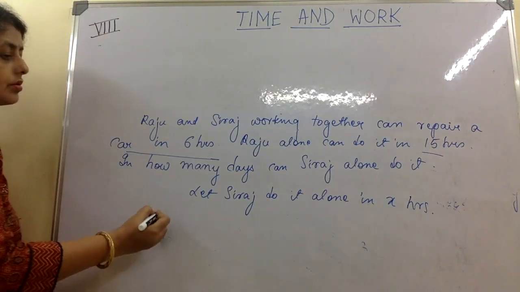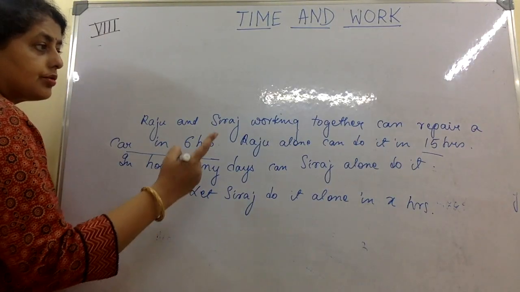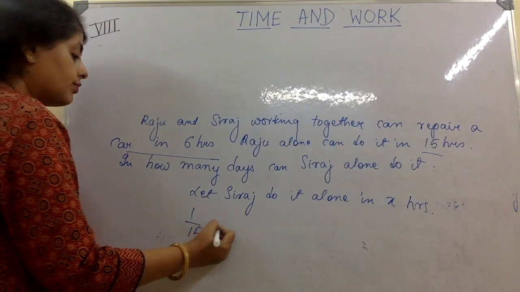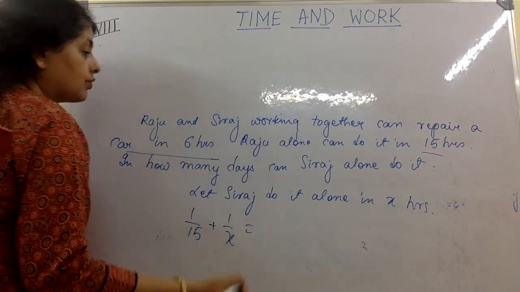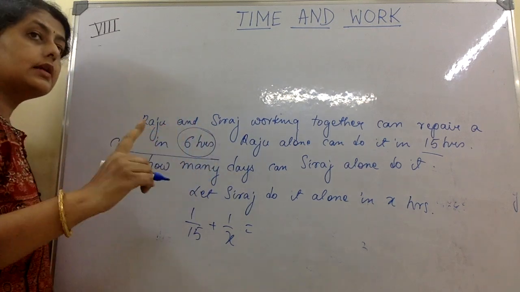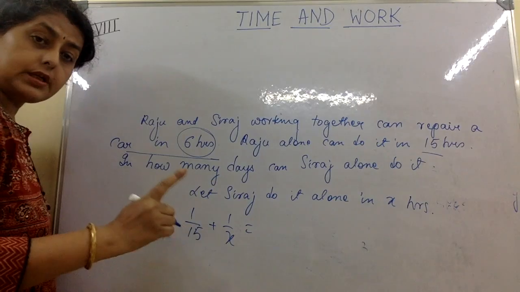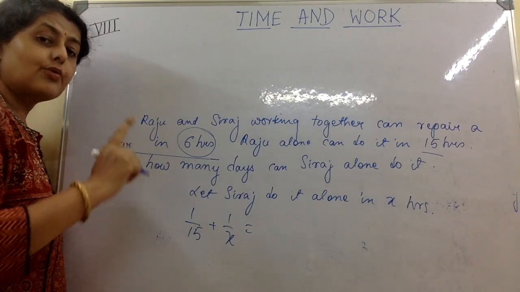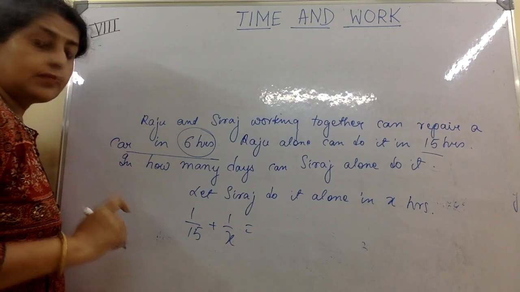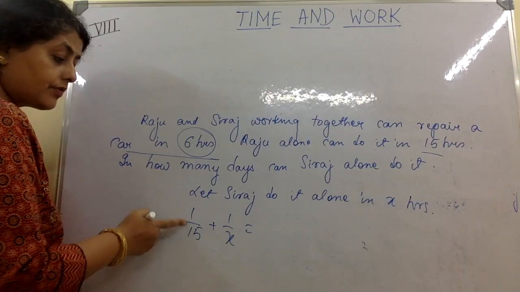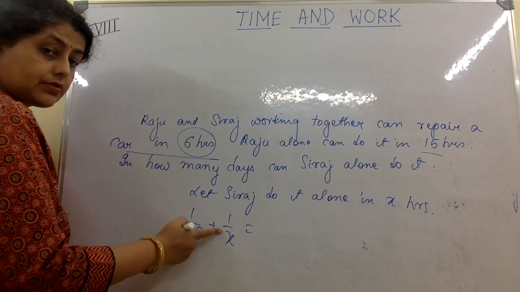So Raju does 1/15th, right? Raju's 1 hour's work is 1/15th plus 1 by x is equal to... Now together they are working and they finish it in 6 hours. In 1 hour, even if they are working together, they will finish only 1/6 of the work, right? Because together they are taking 6 hours. So here 1 hour's work of Raju, here 1 hour's work of Siraj.